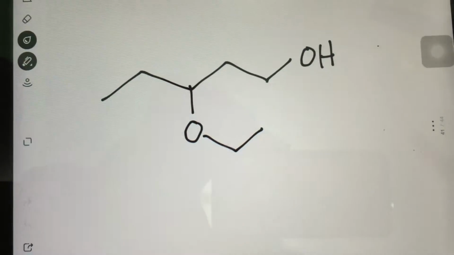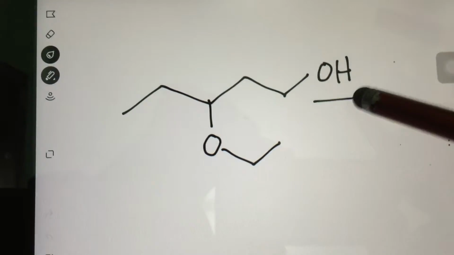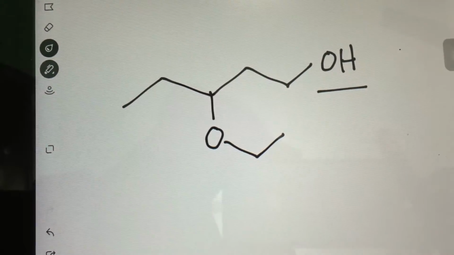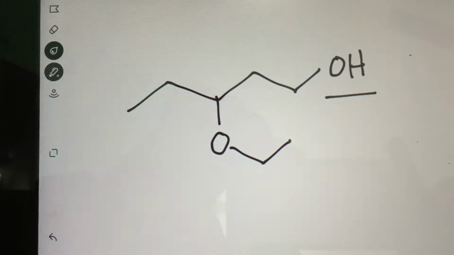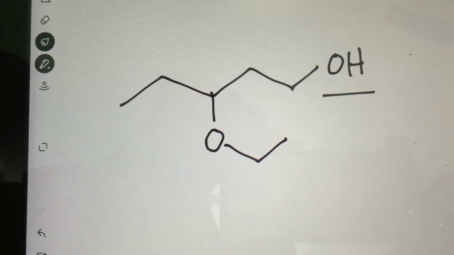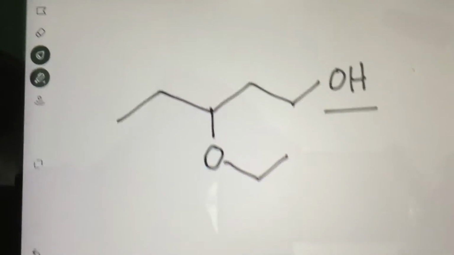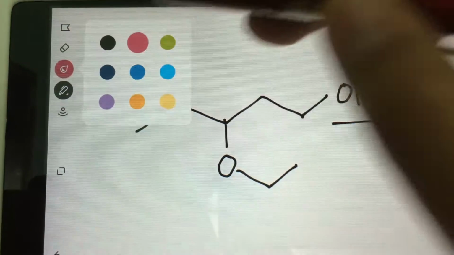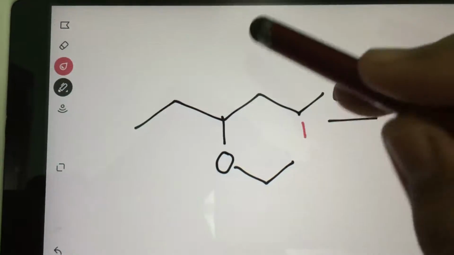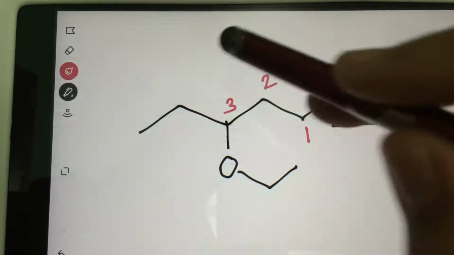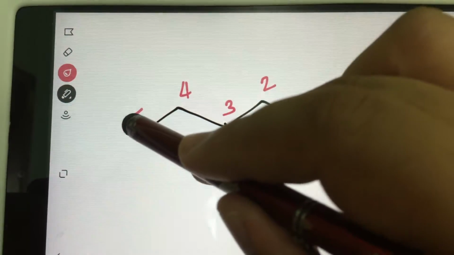Okay, so other example, so here we have another functional group, yung OH group. So based on the hierarchy of the functional groups, we will be naming this as a substituted alcohol. Okay, so we'll give the lowest possible number to our carbon bearing the OH group. So that will be carbon number 1, 2, 3, 4, and 5.